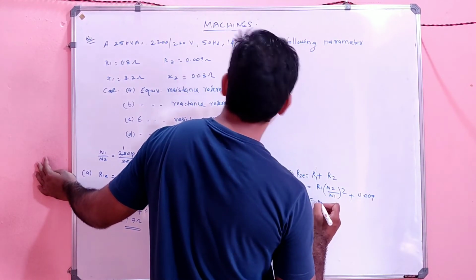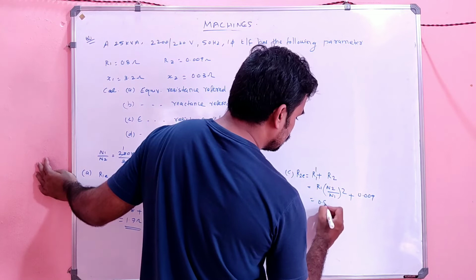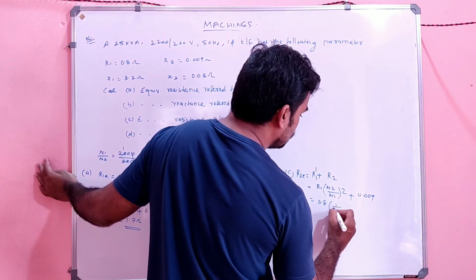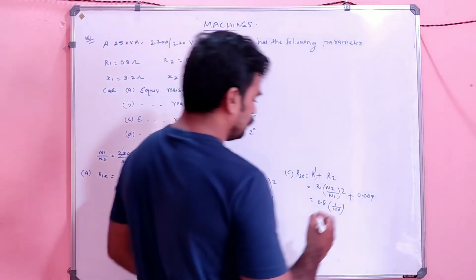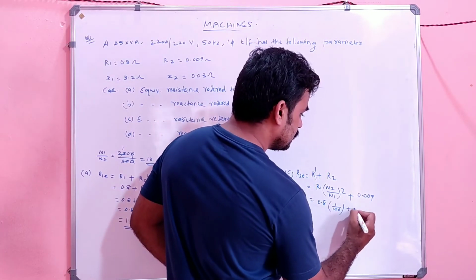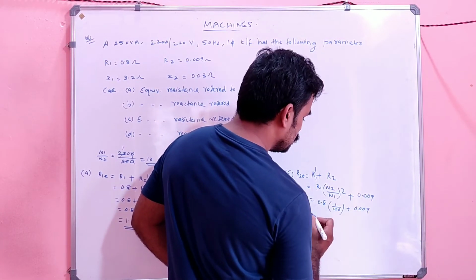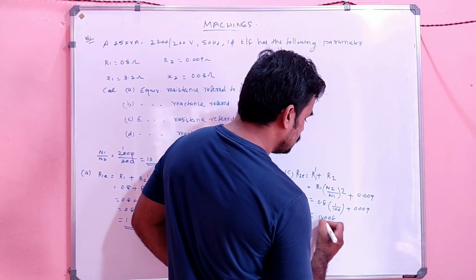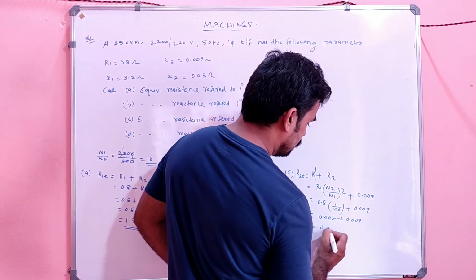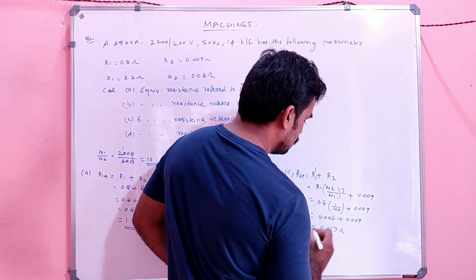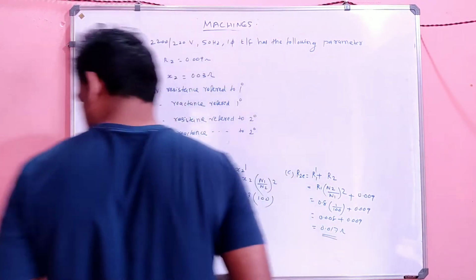So it will become R1, which is 0.8, into N2 by N1, which is 1 by 100, right? 1 by 100 because N1 by N2 is 10. So it is 1 by 100 of 0.8, which becomes 0.008, plus 0.009. So 0.017.